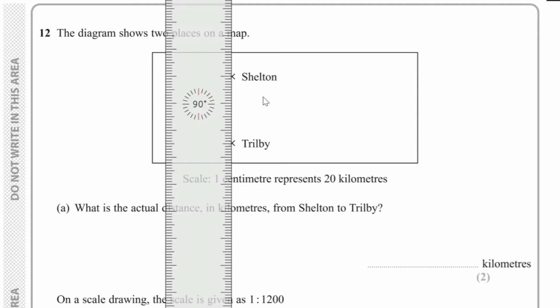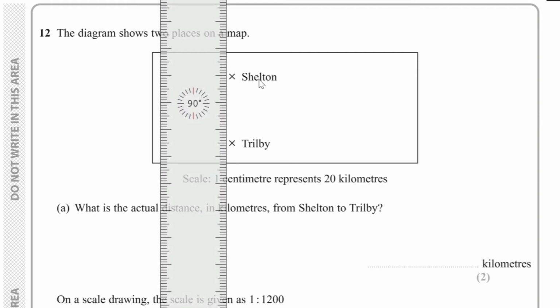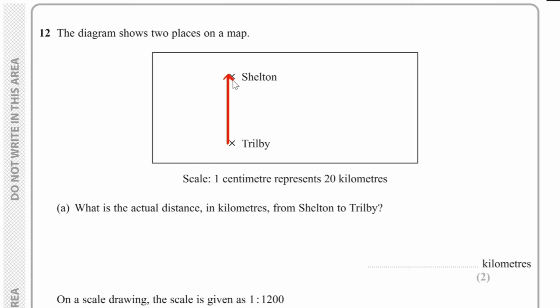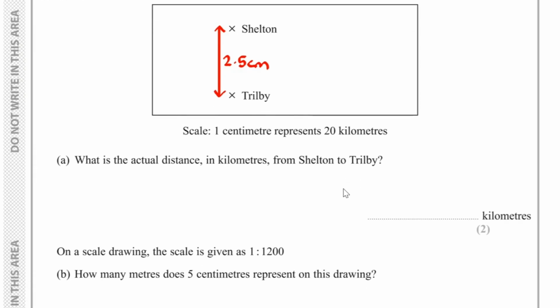Well, if I measure from S to T, you can see that is 2.5 centimetres. And so when we come to work out the actual distance, I have to multiply this 2.5 by 20.